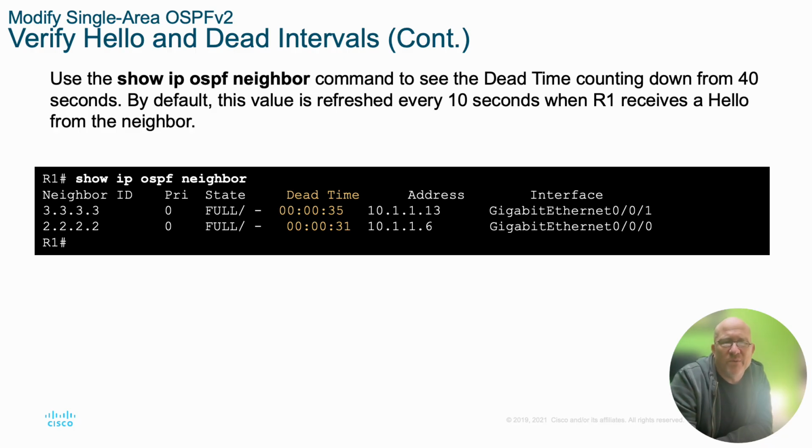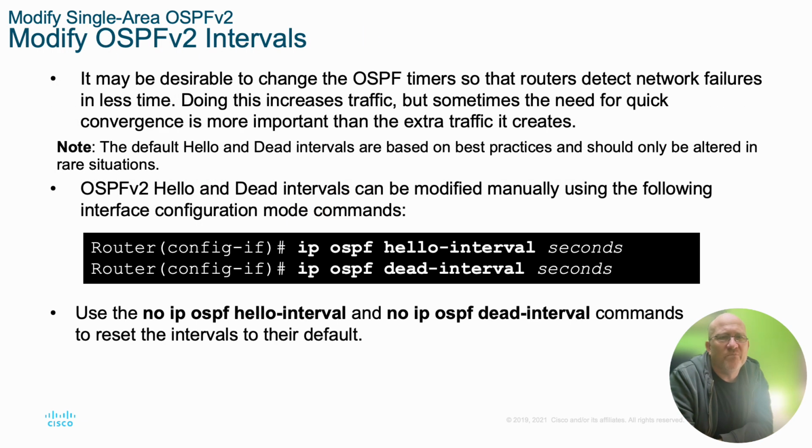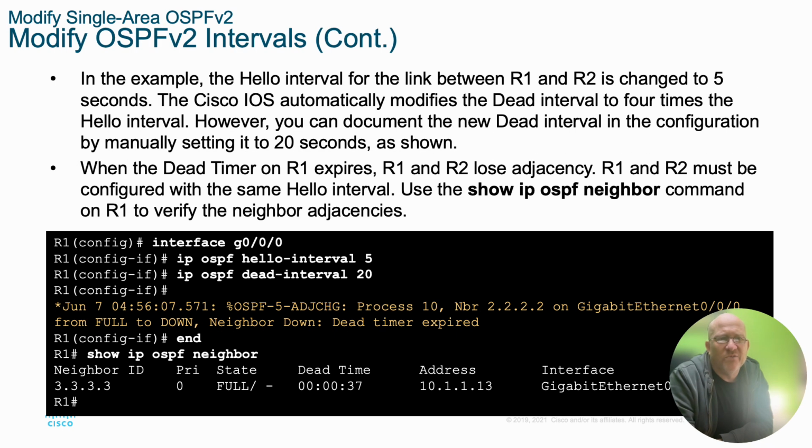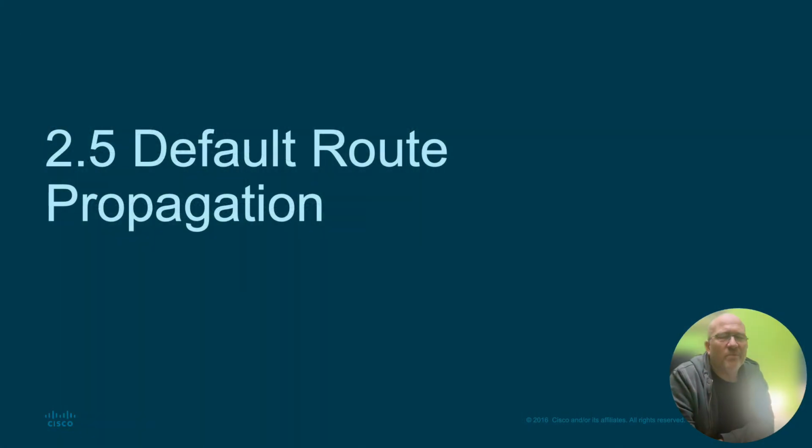Obviously faster means more updates and lower convergence times for a failure change; a higher value is slower to change, but also there are not so many updates taking place between different devices on the system. And of course it's modifiable on the interface, which is the point or port at which it's sending out the traffic. There is another Packet Tracer activity to work on that's useful for that as well.